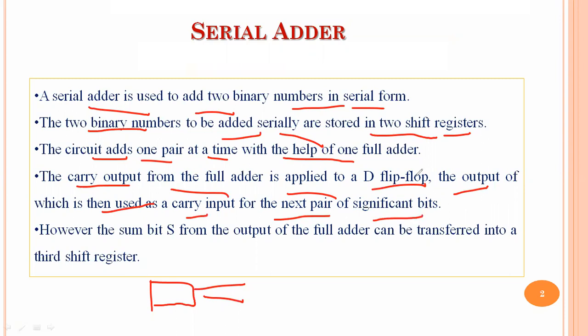Means the first pair will be supplied, and the carry goes to the D flip-flop. We will discuss what flip-flops are in the next unit. Right now just remember that in a D flip-flop the same input will be supplied as output.